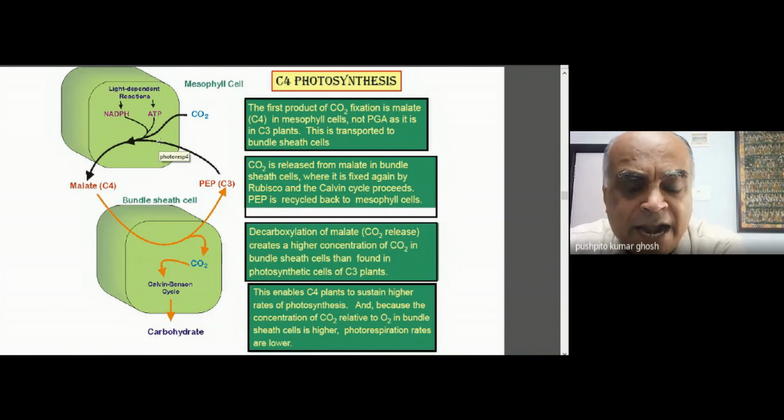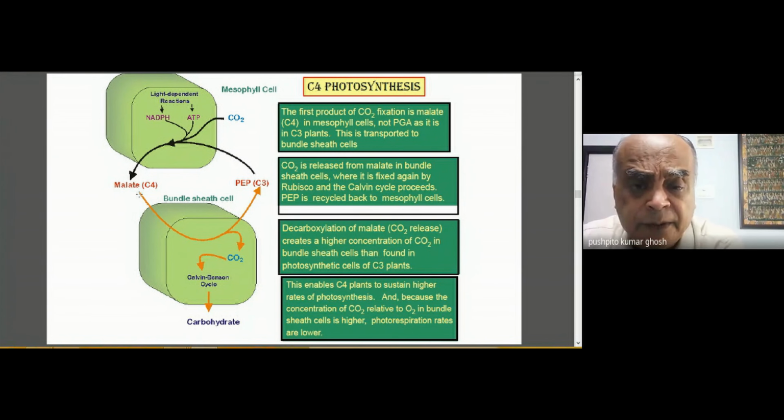But in the light cycle, instead of directly putting all of the ATP and ADP into the dark cycle, some of it is being utilized for this phosphoenol pyruvate to malate conversion. So it is making very good use of the light, and it is concentrating the CO2. And it's possible because the CO2 is forming bicarbonate, and then it is reacting with the phosphoenol pyruvate.